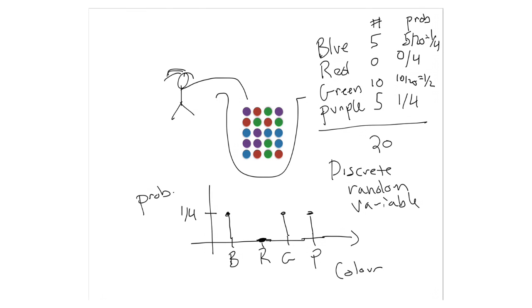And then for the green ones, the probability isn't 1/4, but it's 1/2. And so again, this is a different discrete random variable with a different distribution.